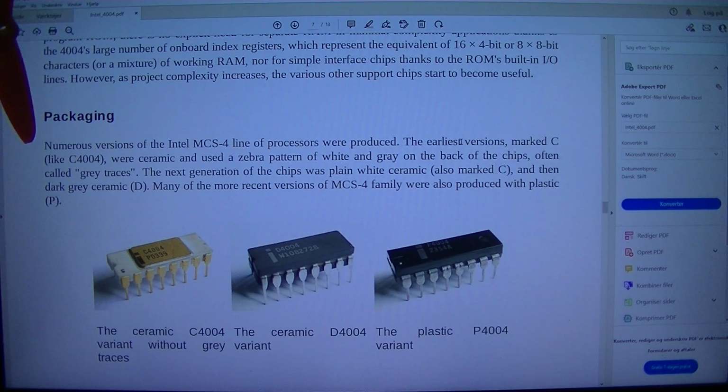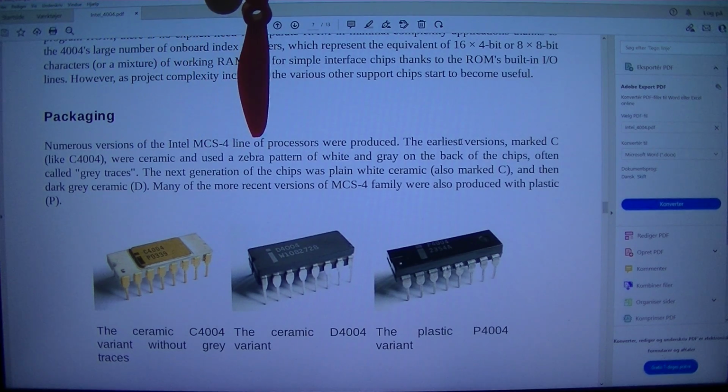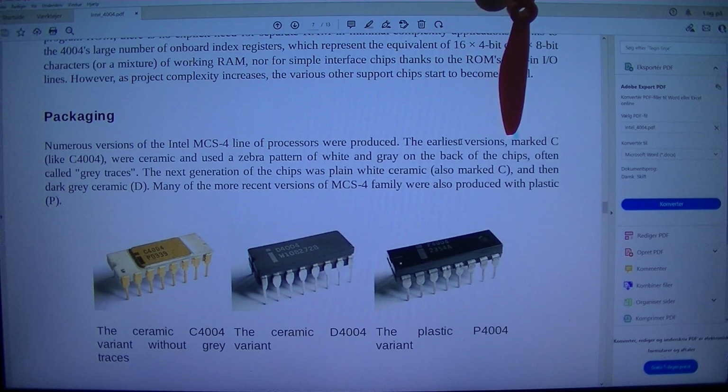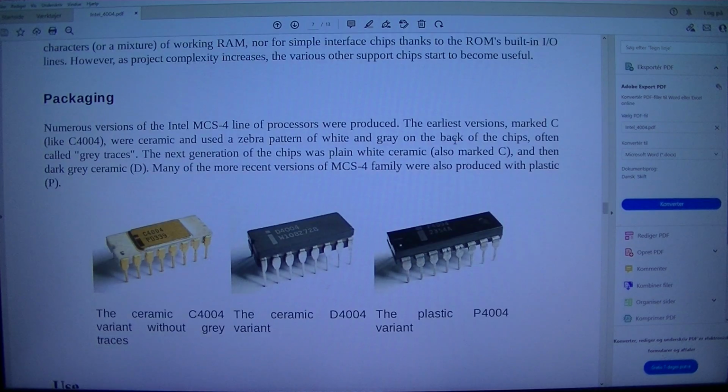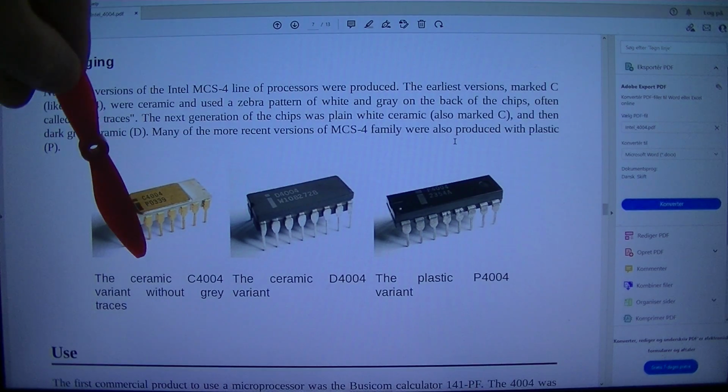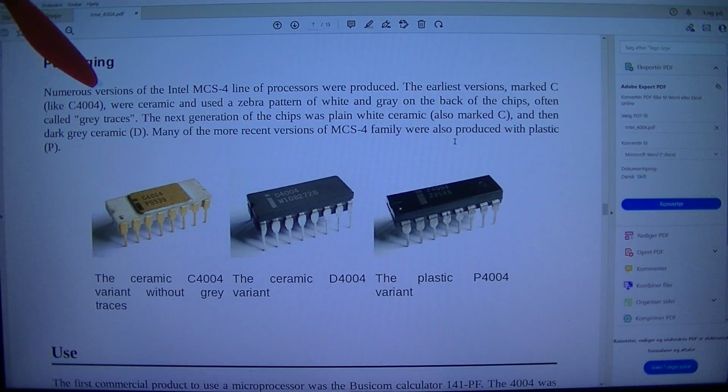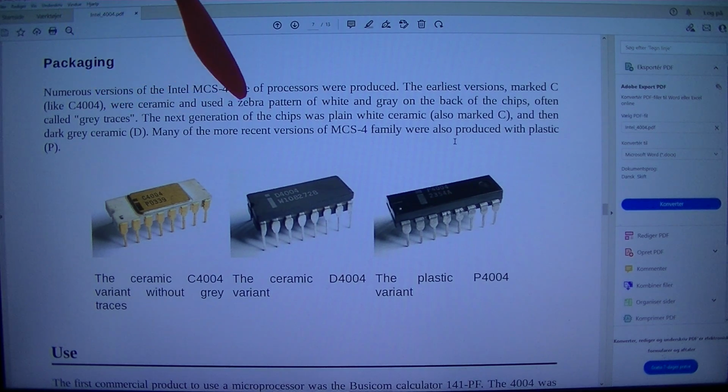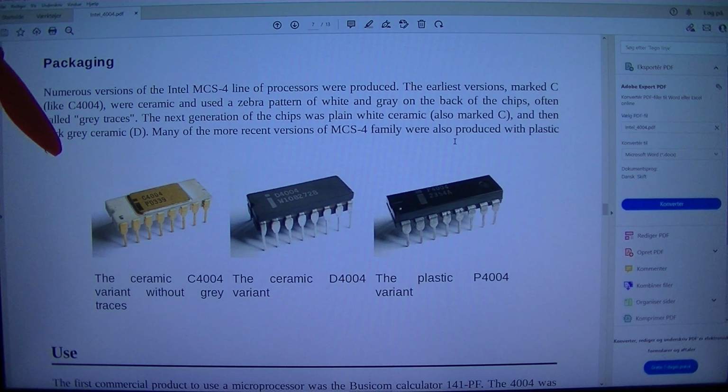Packaging. Numerous versions of the Intel MCS-4 line of processors were produced. The earliest versions, marked C, like C4004, were ceramic and used a zebra pattern of white and gray on the back of the chips, often called gray traces.